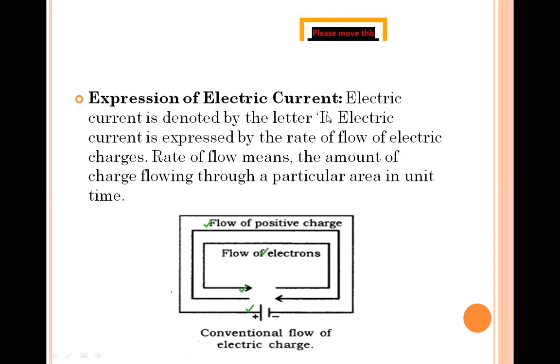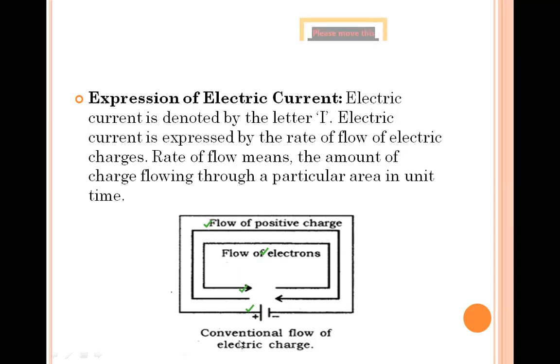The electric current is denoted by the capital letter I. Electric current is expressed by the rate of flow of electric charge, meaning how many electrons flow per unit time. Per unit time means per second. How many electrons flow per second defines the electric current.